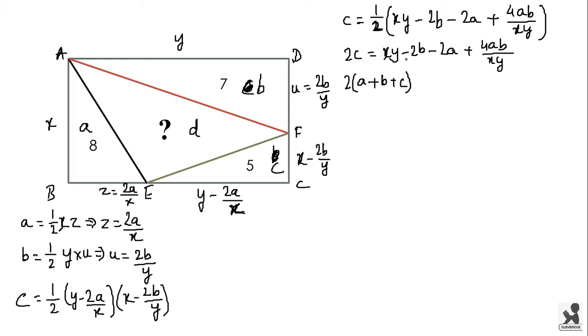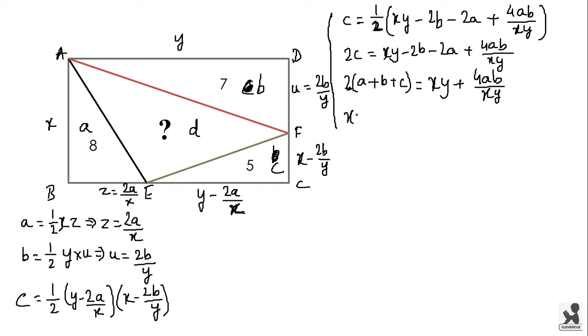What we have done, we have sent minus 2b and minus 2a to the other side and took 2 common, will be equal to xy plus 4ab by xy. Now let us multiply by xy on both the sides, and let us take this 4ab to the other side.